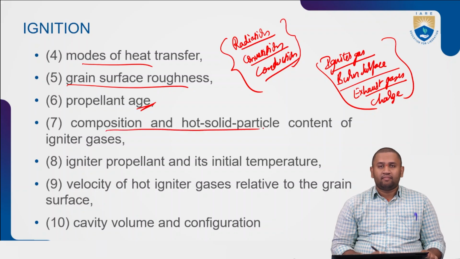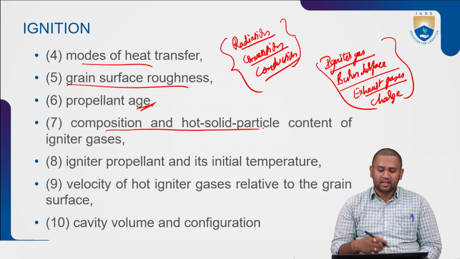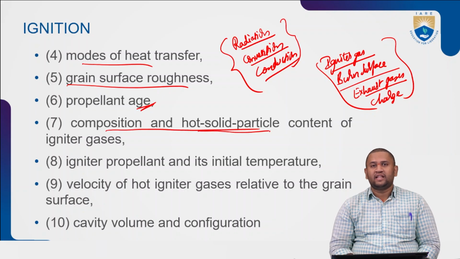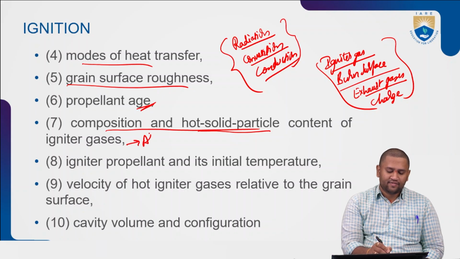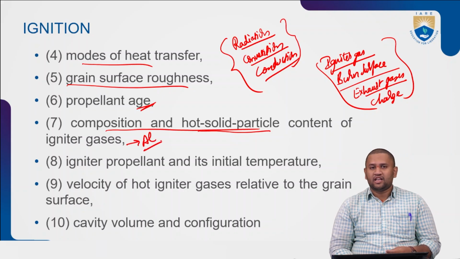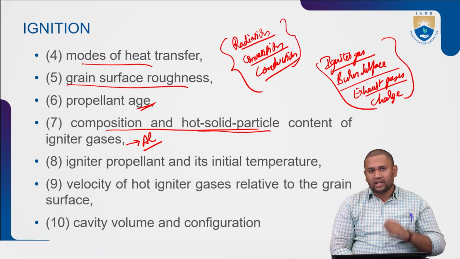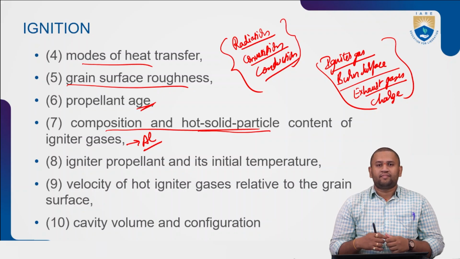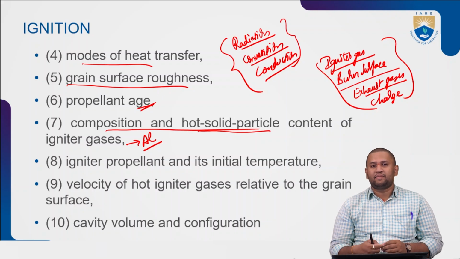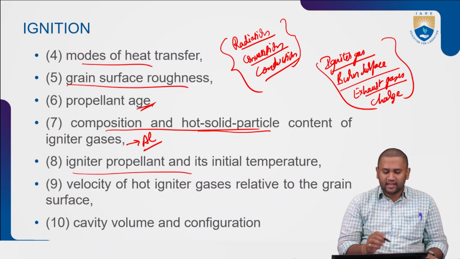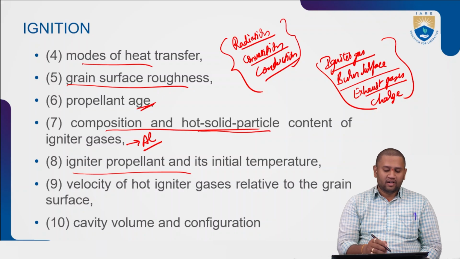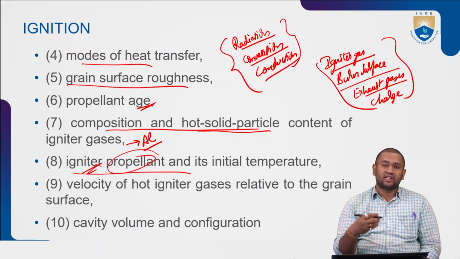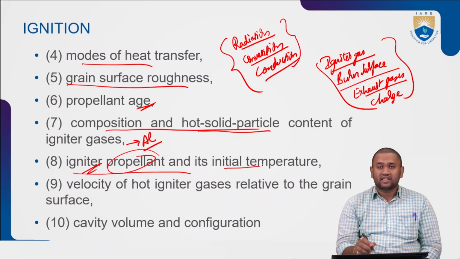Next one will be my composition, particularly the hot solid particle content of the igniter gases. In our case, it will be, for example, aluminium. We will be using aluminium to increase the ignitability of the gases. Next one will be igniter propellant and its initial temperature. What kind of propellant are we using for ignition, particularly the pyrotechnic charge, and what is its initial temperature?